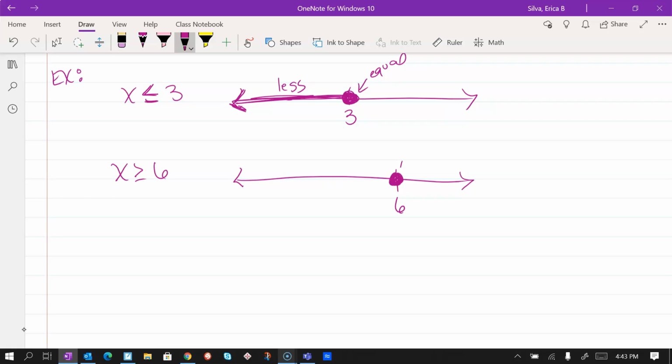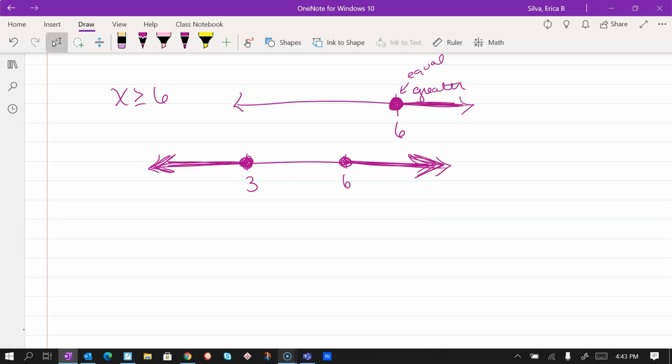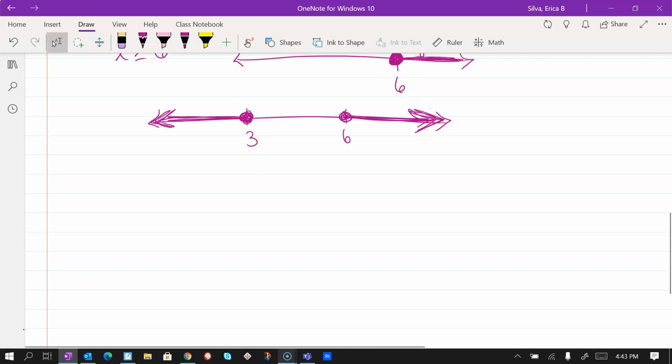And all the numbers that are greater than 6 are on the right side. So if we were to put these together, we would have 3 on the left, and then 6 closed to the right. So this can no longer be "and," because a number cannot be less than 3 and greater than 6. So in this case, we say x is less than or equal to 3, or x is greater than or equal to 6.